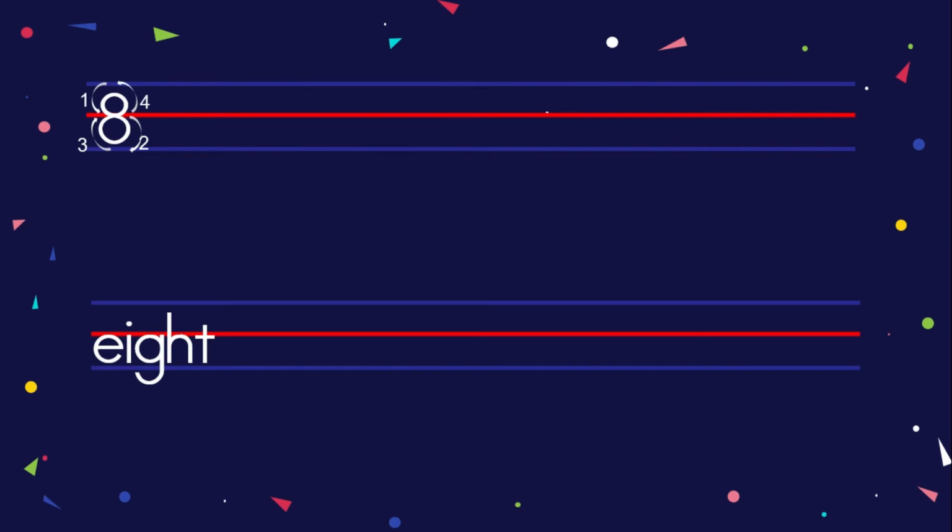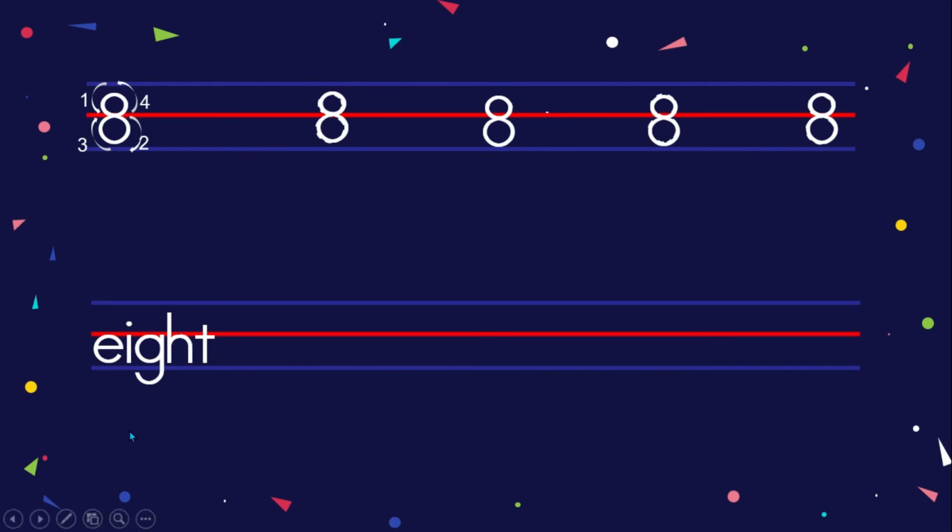Or you can just make a small circle on the upper part and another circle on the lower part, okay? So let's try to trace these broken lines here.